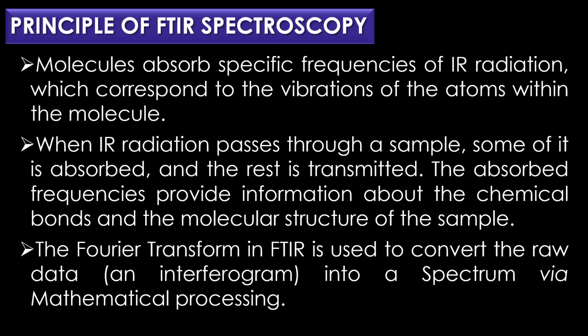The absorbed frequencies provide information about the chemical bonds and the molecular structure of the sample. The Fourier transform in FTIR is used to convert the raw data, that is an interferogram which is a function of time or distance, into a spectrum which is also called a function of frequency via mathematical processing.